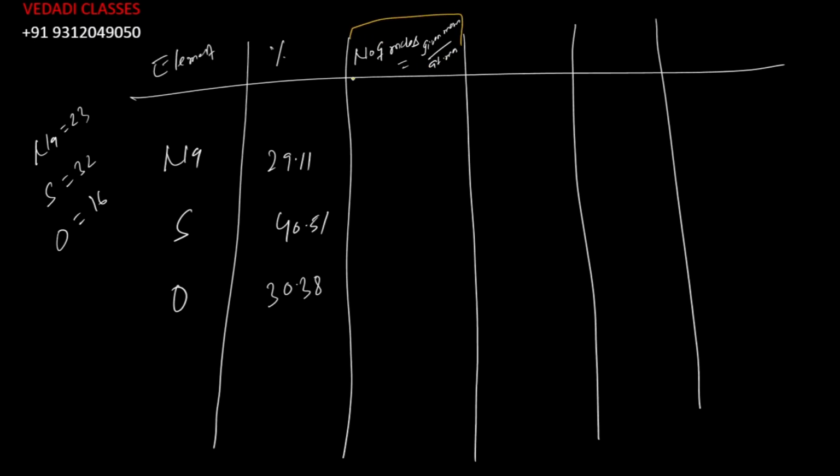This is the column for the number of moles. For sodium, the given mass 29.11 is divided by the atomic mass 23. For sulfur, it is 40.51 divided by 32, and for oxygen, 30.38 divided by 16.